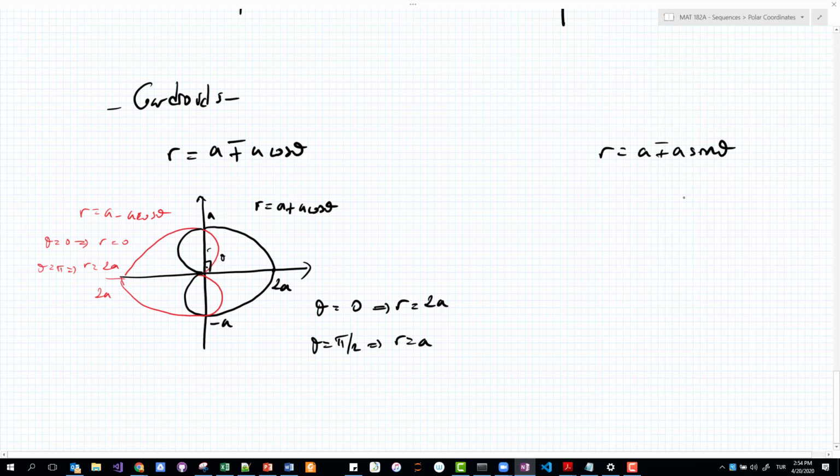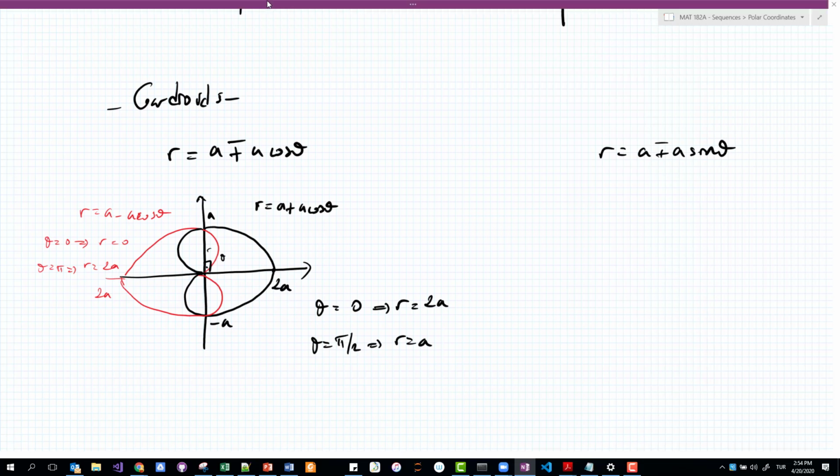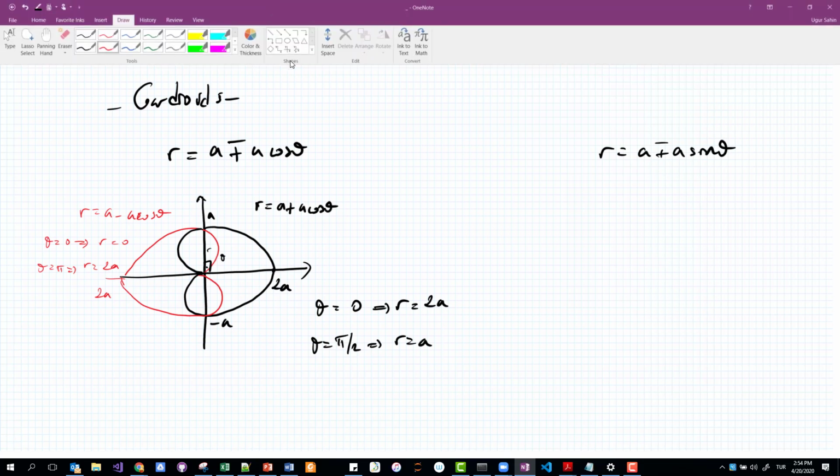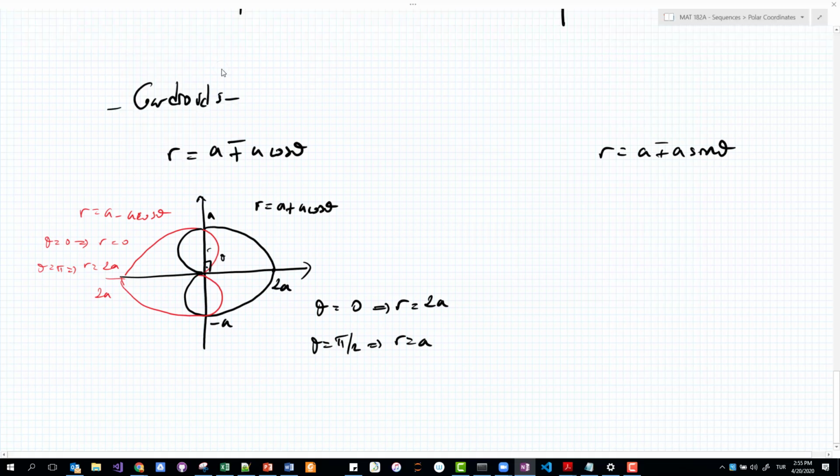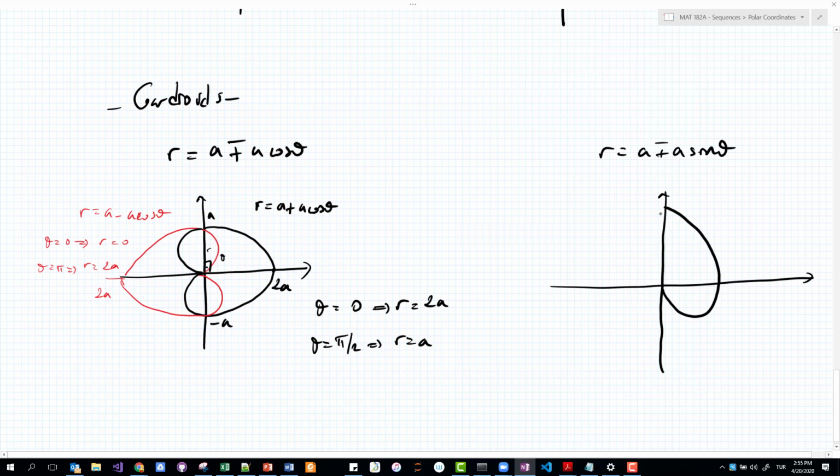Okay, I will do the same thing for my sine part. So let me show that part to you as well. Look at that. This time, since I use sine theta, my cardioid would be on the y-axis instead of the x-axis.